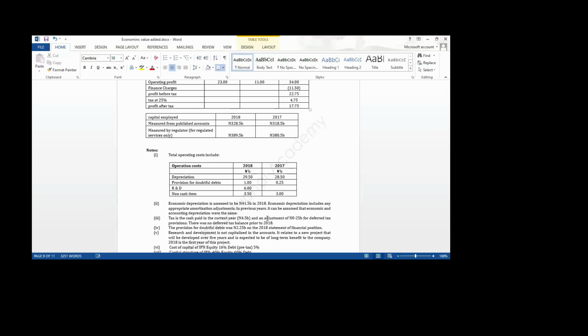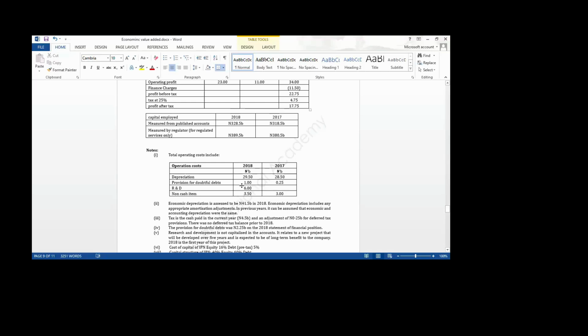Note number 3, tax is paid in cash. An adjustment of 0.25 billion, deferred taxation. There was no provision balance prior to 2018. Provision for doubtful debt was 2.25 billion on the 2018 statement of financial position.